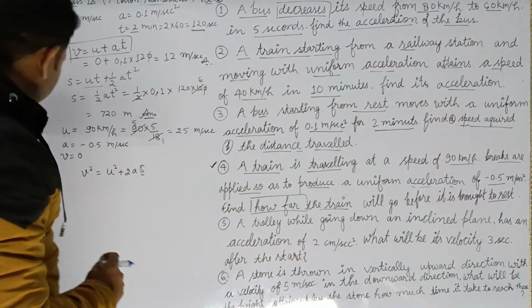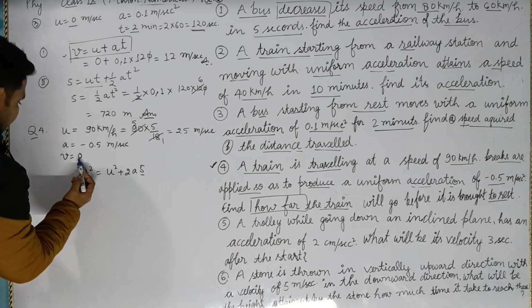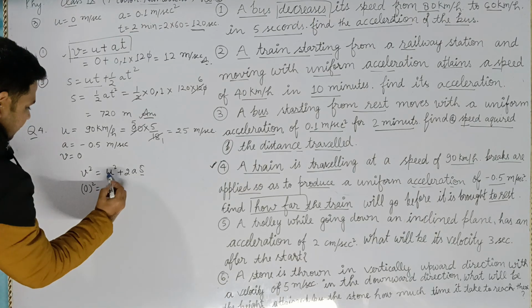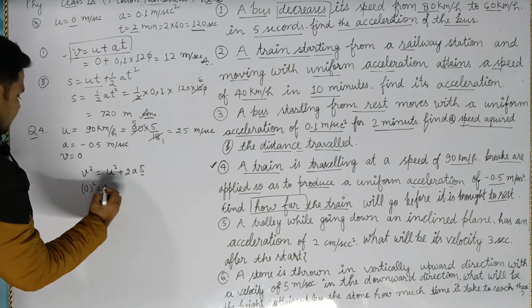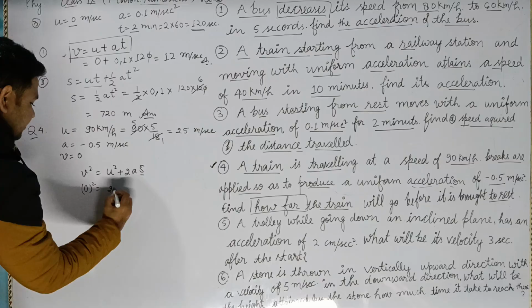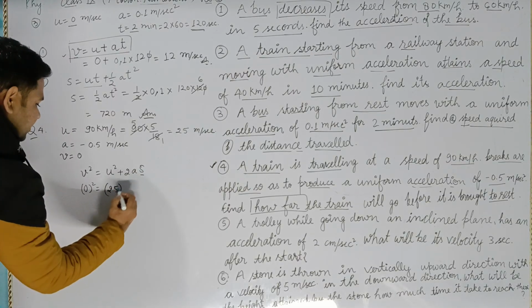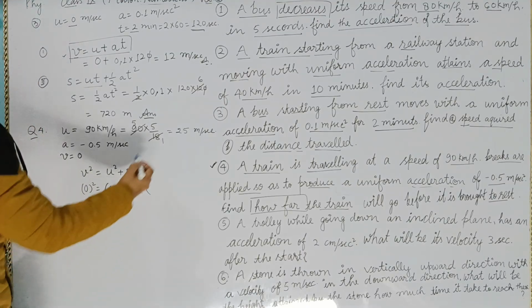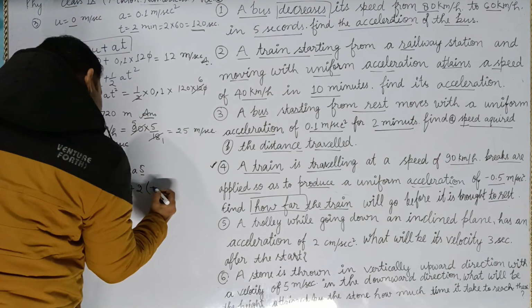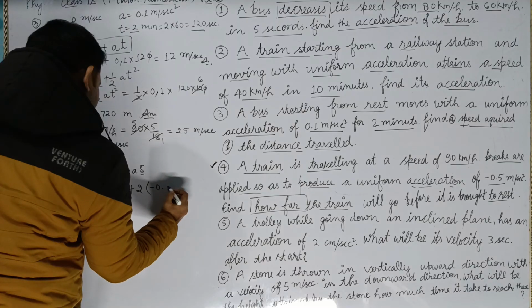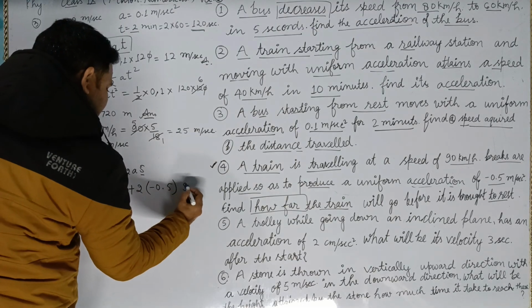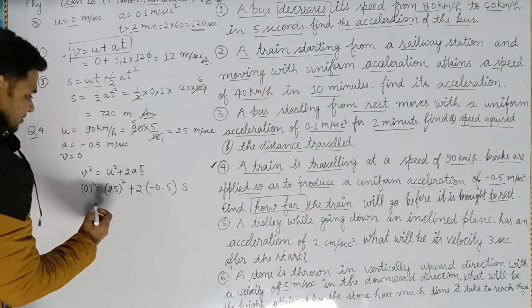So we apply this formula. Simply we put here 0 square equal to u, which is 25, square plus 2 into a, which is given minus 0.5, into s. We have to find out s.